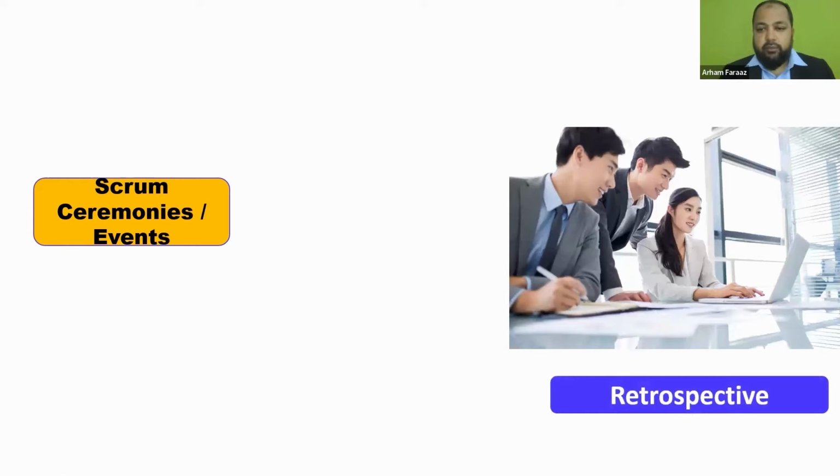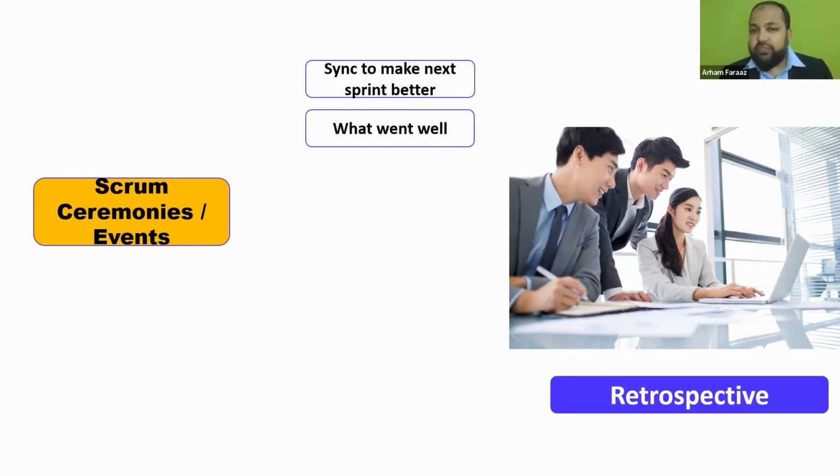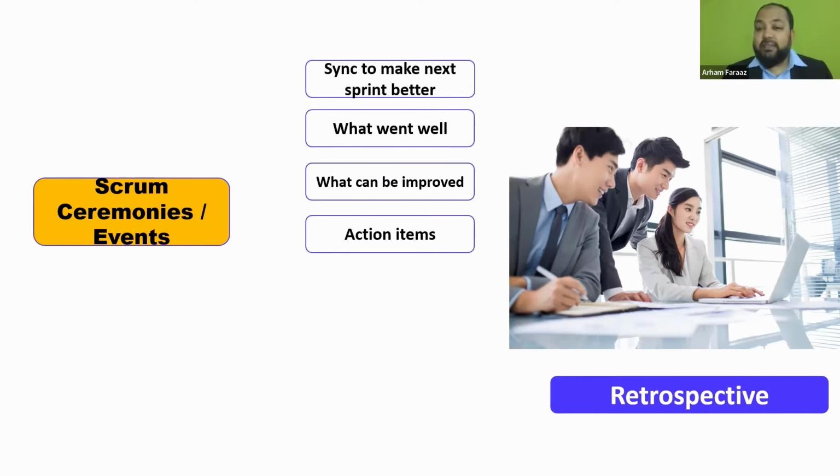Retrospective. So again, the retrospective happens after the sprint review, wherein people think about how to make things better for the next sprint. Okay, we ask questions. We kind of set the stage, and we ask questions like what went well, what can be improved, what are the action items, and then people are asked to be open to feedback, right?